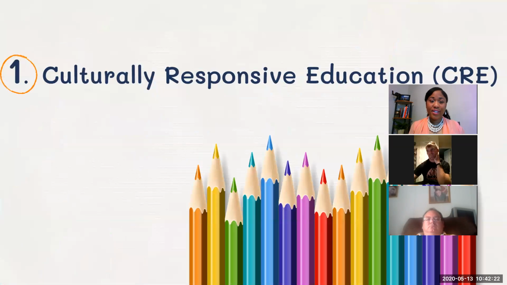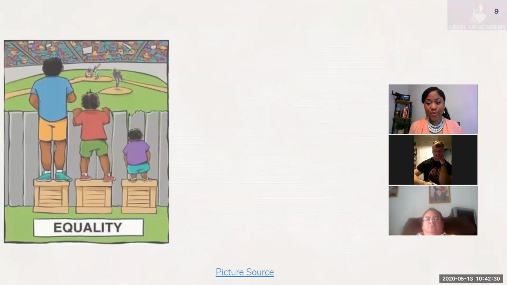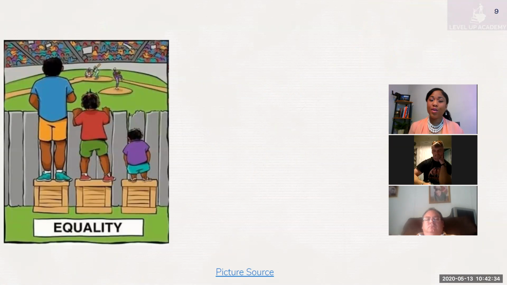The first part of this is going to be all about culturally responsive education. Now, I wonder if you've seen this graphic before. So here in this graphic, just take a moment and look. Notice the word. Notice what's going on in the picture. Do you see any challenges?